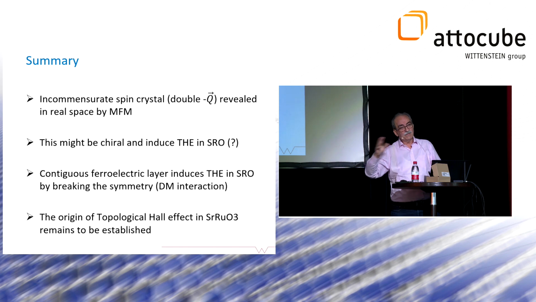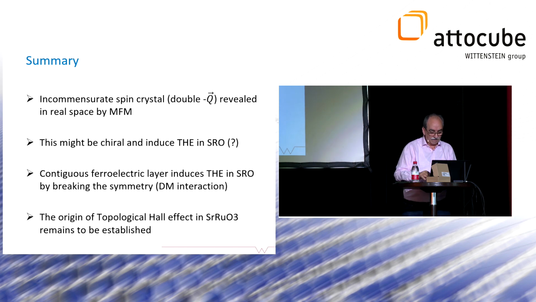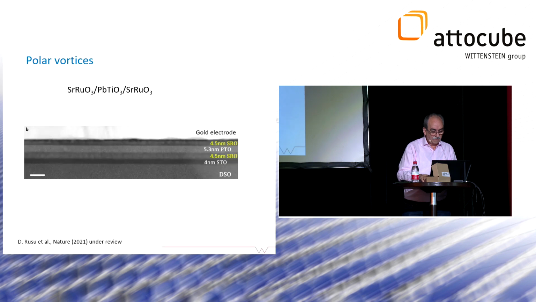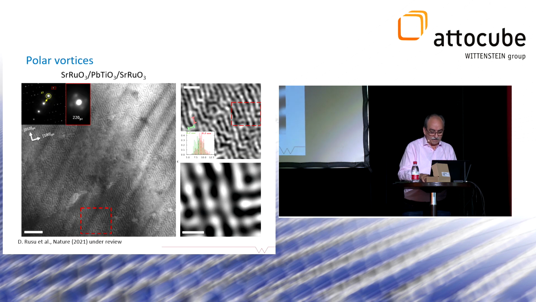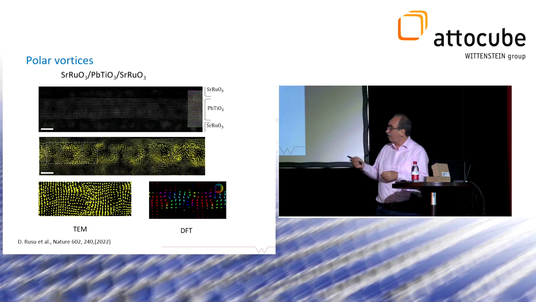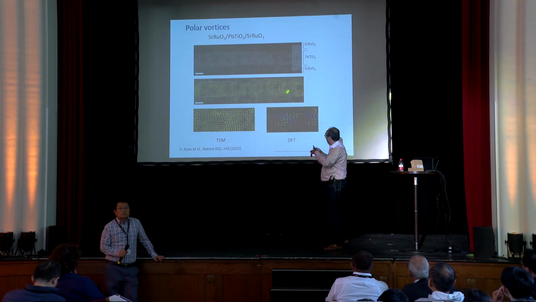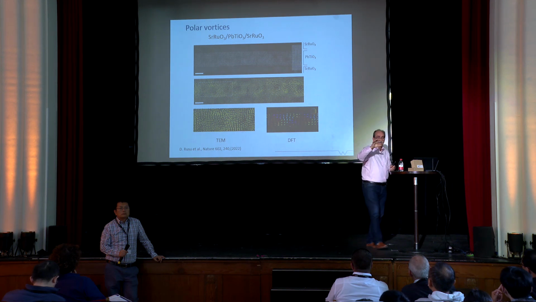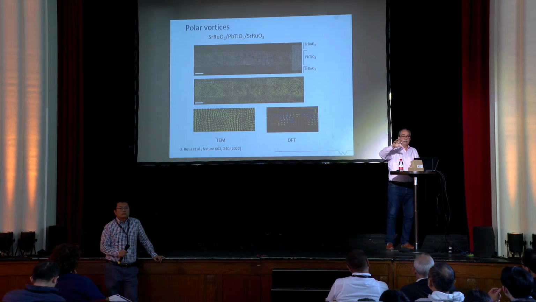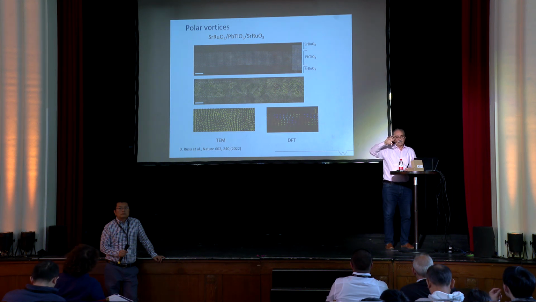So something similar but not exactly the same, looking at the ferroelectric. This is again transmission electron microscopy. We discovered that we have vortices. So the polarization in the lead titanate arranges itself into vortices.